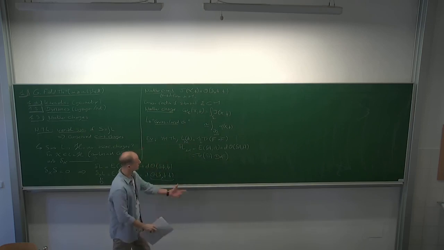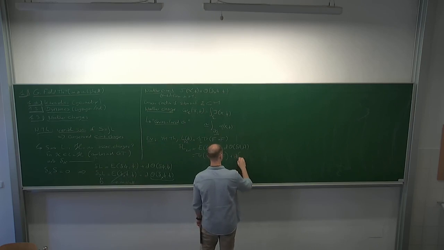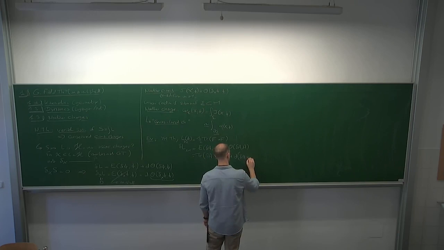So when E equals 0, we have the Yang-Mills equation, d star F equals 0, plus the boundary term that we obtain by integration by parts, which is simply this.